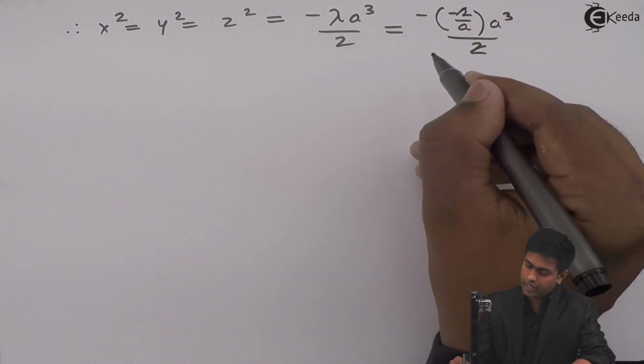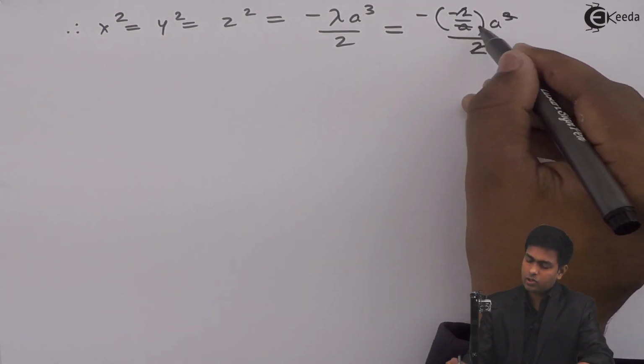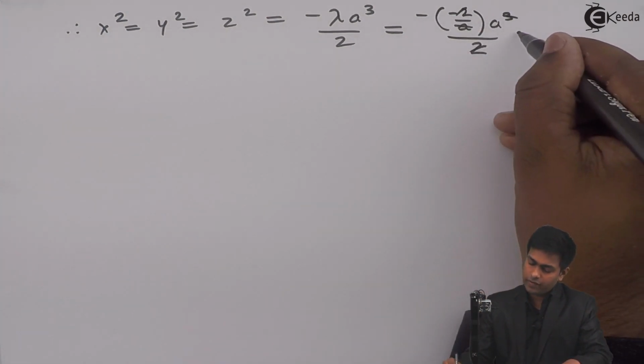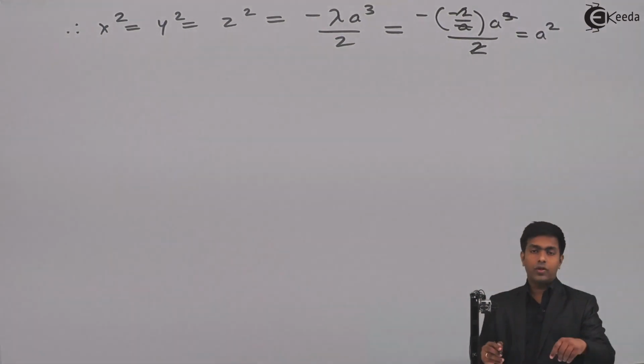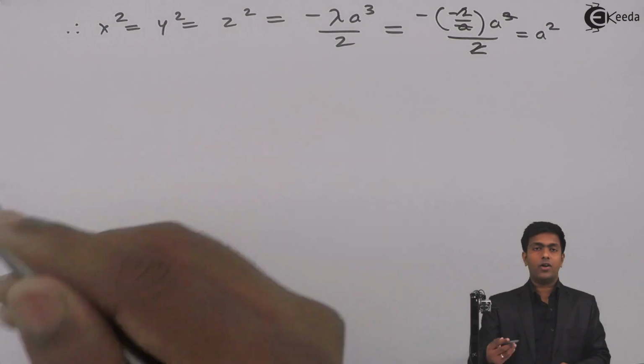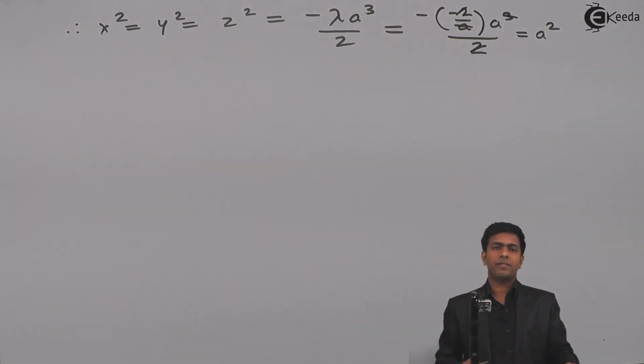Now 2 and 2 will be cancelled, a and one a cancelled, so we'll get a square, minus minus plus. So the value of x square is a square, the value of y square is also a square, and the value of z square is also a square.